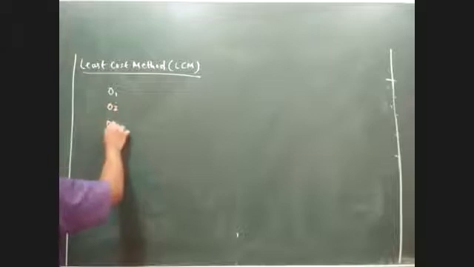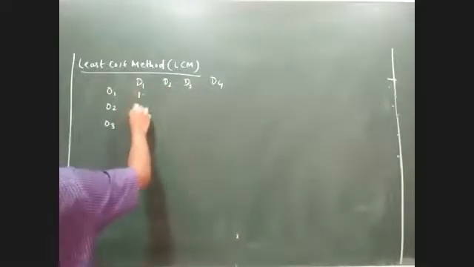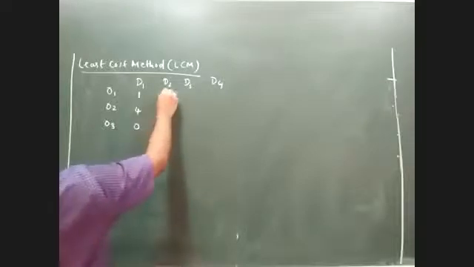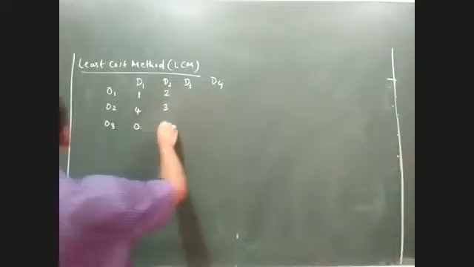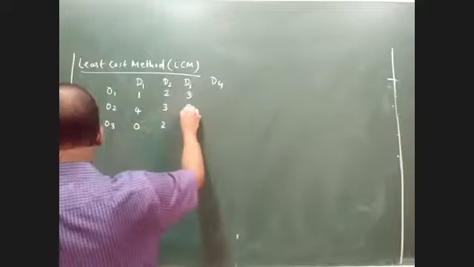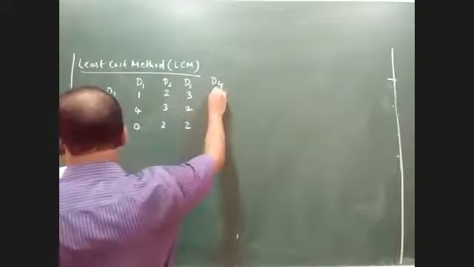So the question goes like this: O1, O2, O3, D1, D2, D3, and D4. The values are 1, 4, 0, 2, 3, 2, 3, 2, 2, and D4 is 4, 0, 1.